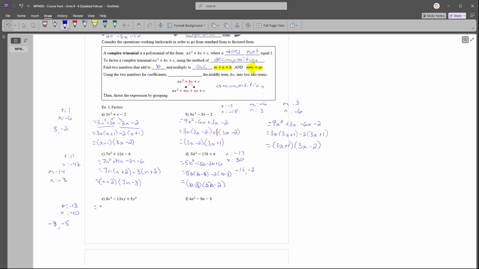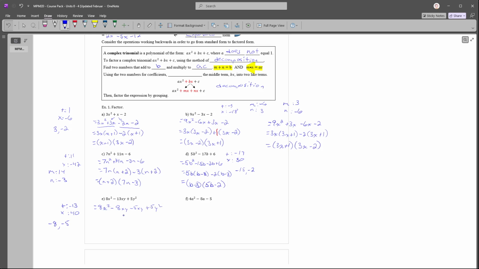So that means I have 8x squared minus, watch this, the y has got to come with this, okay? So minus 8xy. And then on the next one, it's going to be minus 5xy. And then finally, plus 5y squared.